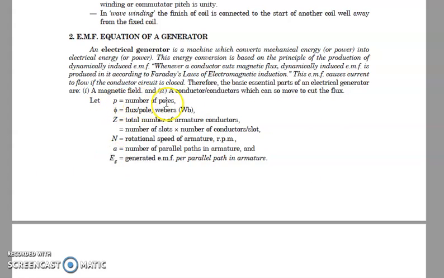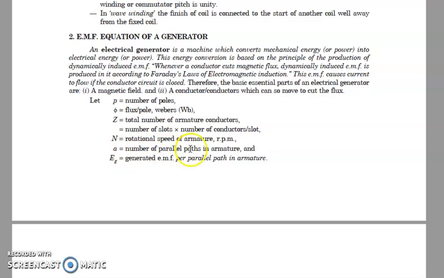Let P be the number of poles in the machine, phi the flux per pole having units Webers, Z the total number of armature conductors, that is equal to the number of slots multiplied by the number of conductors per slot. N is the rotational speed of the armature.